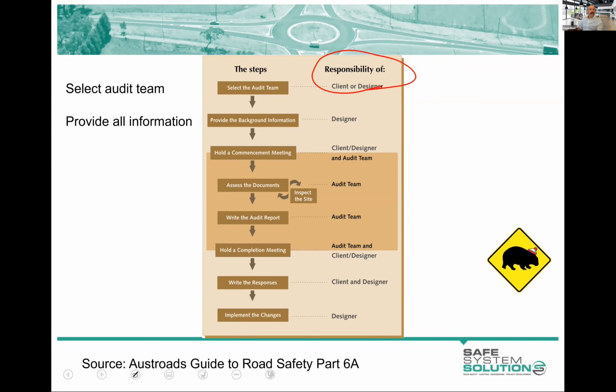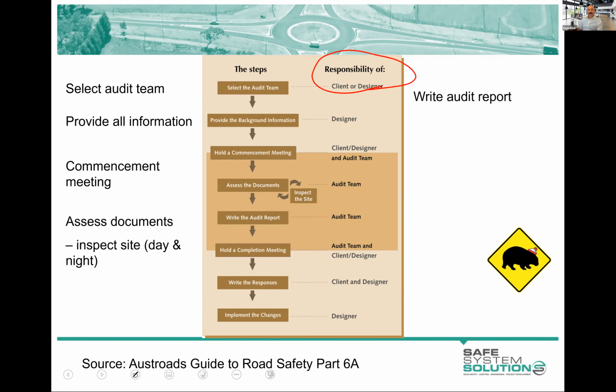Provide all the information, so the information is handed over. There's often some sort of commencement meeting to discuss the project, clarify it, any questions. The documents are looked at, so the designs and any documentation, and then there is a site inspection during the daytime and the night. An audit report is written.